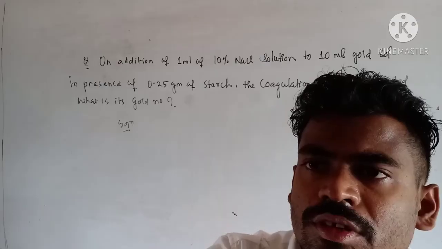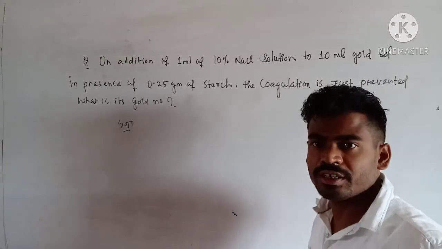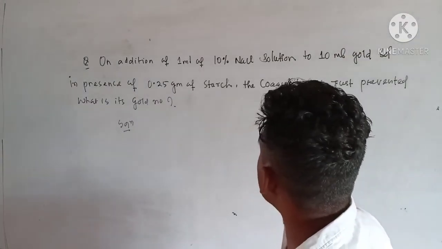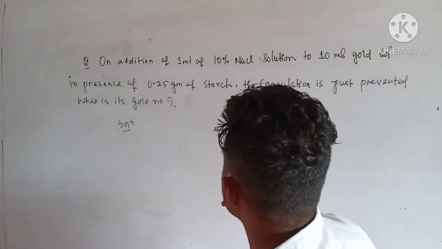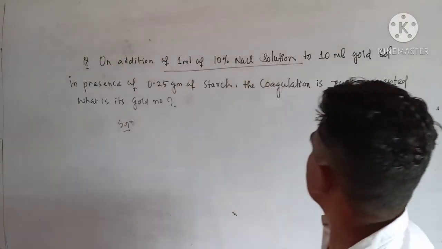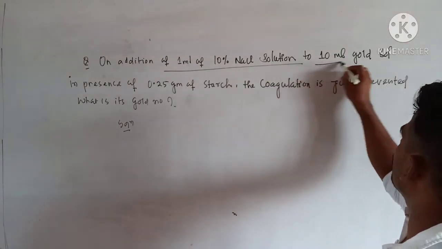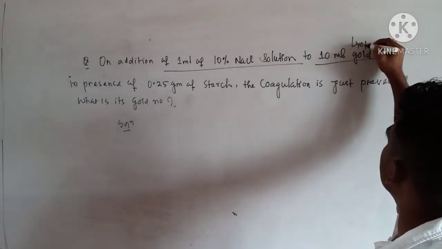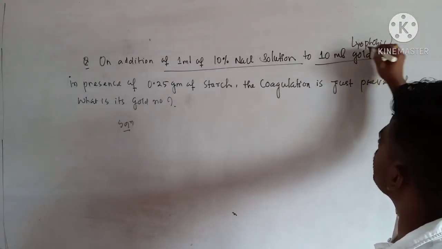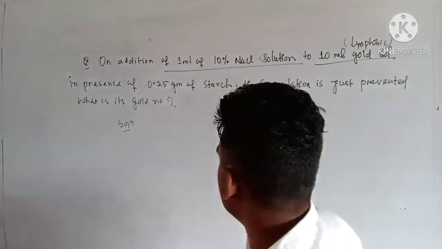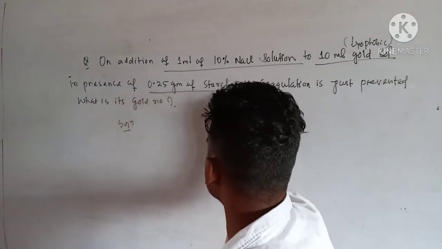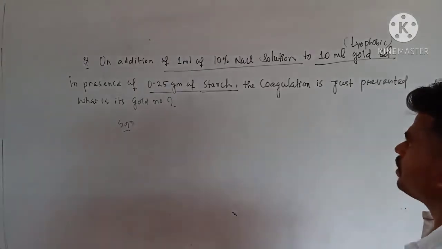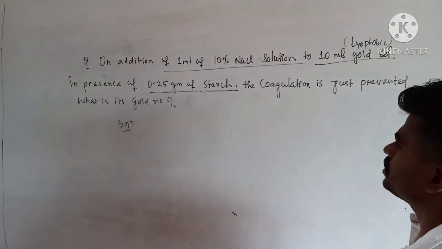Now you see this question: on addition of 1 ml of 10% NaCl solution, this is compulsory, to 10 ml of gold sol, this one is your lyophobic one, in presence of 0.25 gram of starch, this one is a lyophilic starch solution, the coagulation is just prevented.